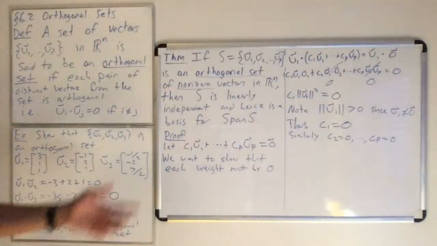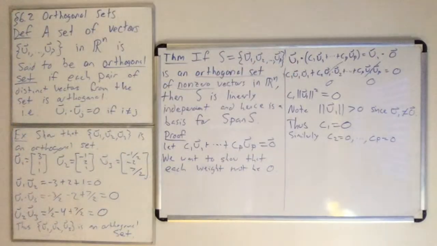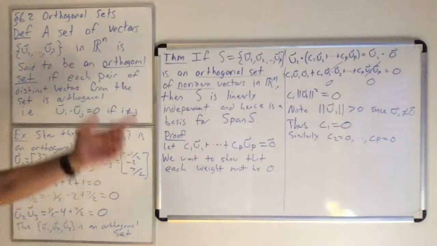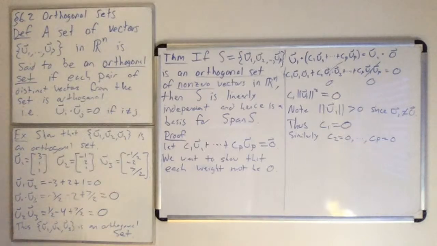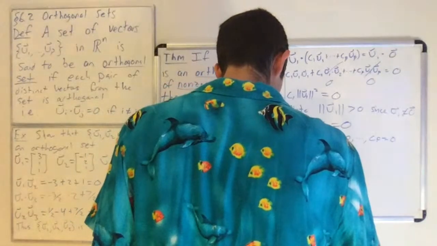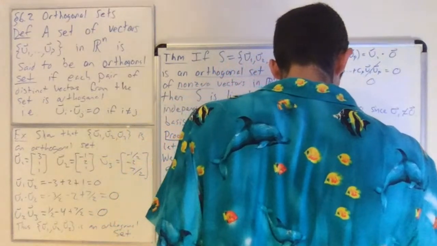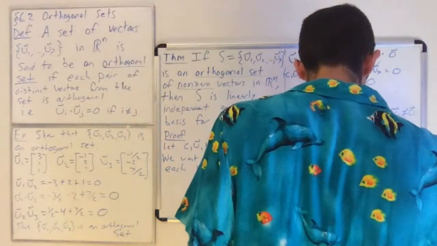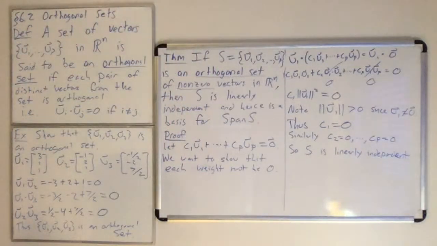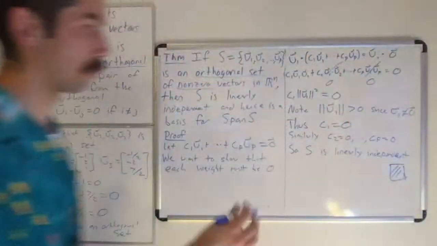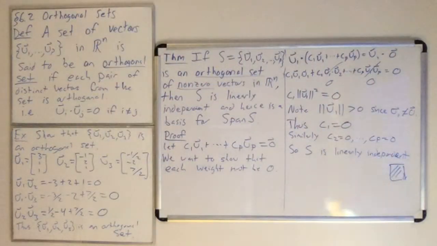We could repeat this argument and just switch the vector we took the dot product with. And we'd get all of these coefficients are 0. And so since all the weights must be 0, S is linearly independent. And when you finish a proof, you put a box at the end to let the reader know that you're done.